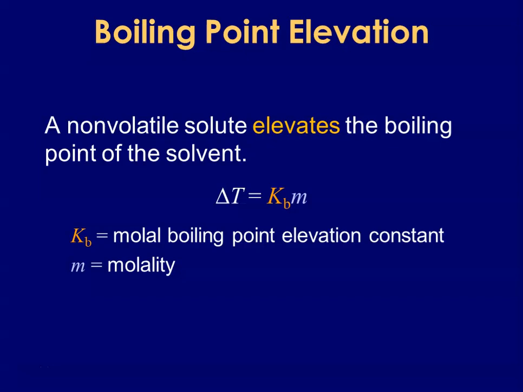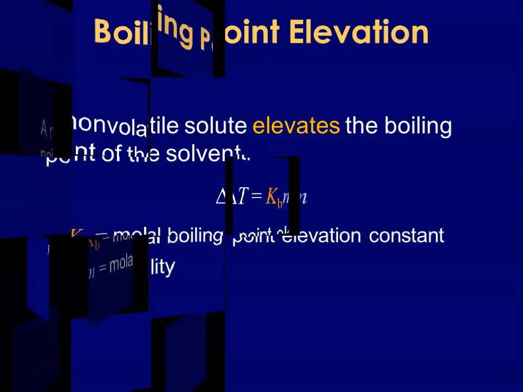And we can calculate what that temperature change is by taking the molal boiling point elevation constant and multiplying it by the molality of our solution. We use molality because molality is independent of temperature, and that's what we're trying to find out about, is how do these particle amounts influence the temperature that this substance will boil at.